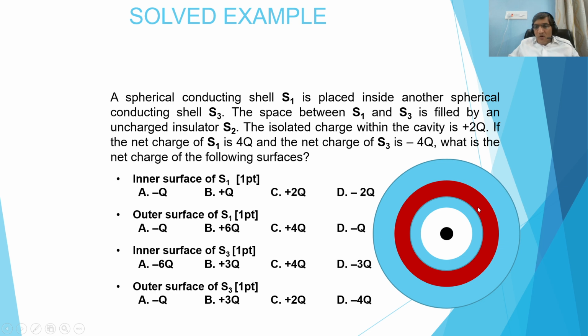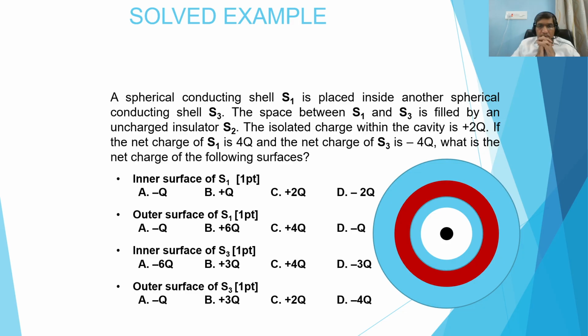Please see the cursor of my laptop so you understand better. This is the conductor shell, where the electric field is zero inside it. And this is the insulating material sandwiched between these two conductors. So this is again the conductor shell. This is S1, and the large one is S3.